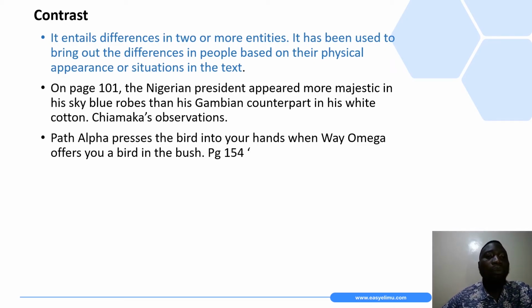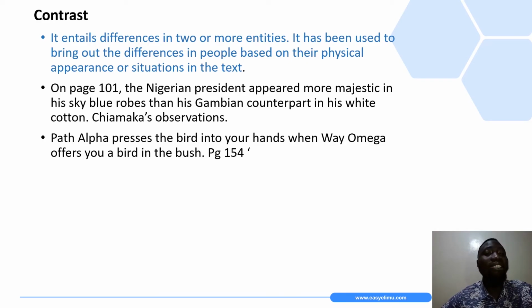So what is contrast? So this entails differences in two or more entities. Again, it has been used to bring out the difference in people based on their physical appearance or situations in the text. So, dear students, if you have a problem with the definition of contrast that we have, just make it simple.